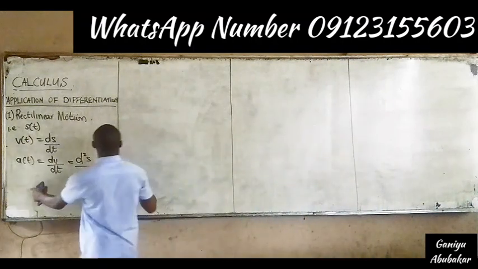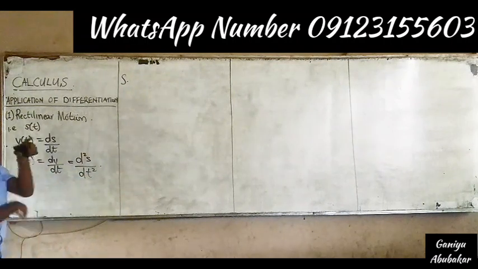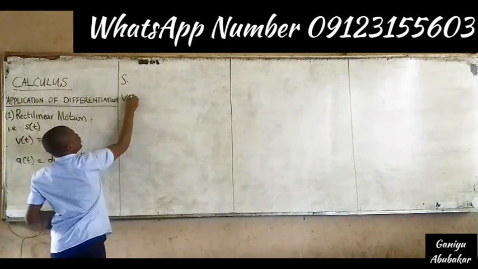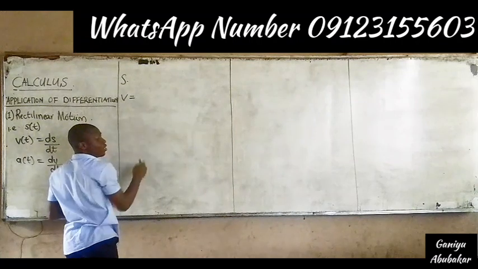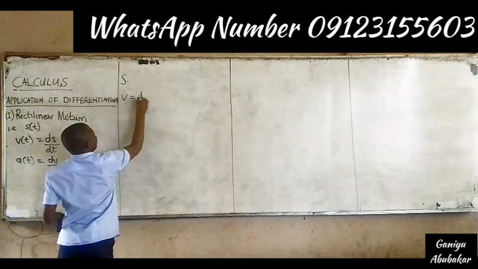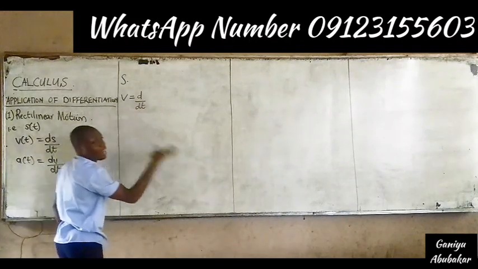Alright, we said something here. We said that x is distance or displacement. Recall that velocity is the rate of change of displacement with time. So d over dt means rate of change of which parameter?